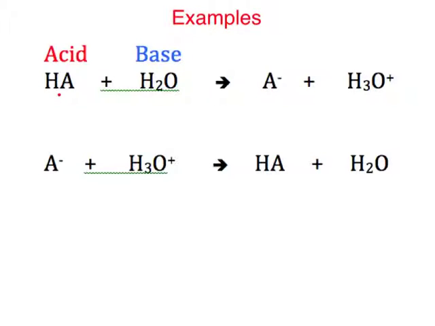The acid donates its proton to become A-. And remember, a proton is simply H+. The water, on the other hand, I'm going to change to blue here, accepts that proton.